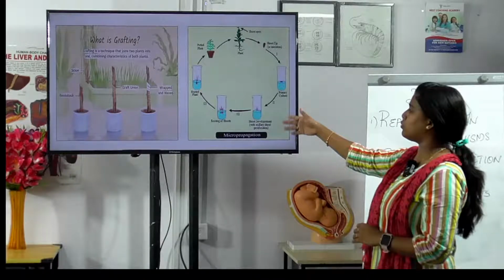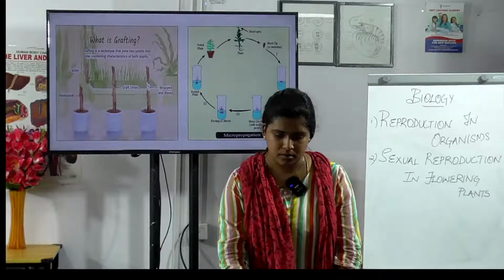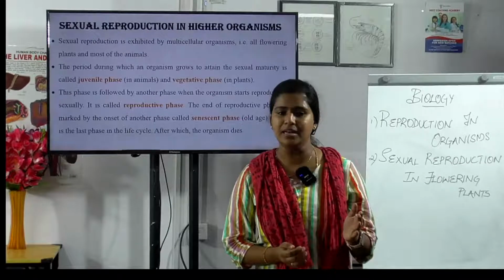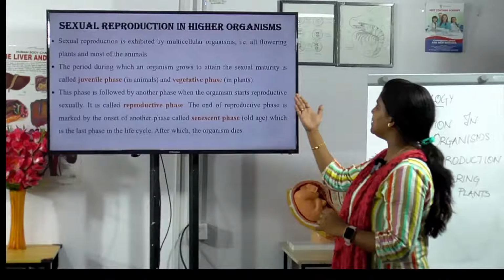Okay. Now, next we will see sexual reproduction in higher organisms. The mode of reproduction which involves the formation of male and female gametes leads to sexual reproduction, and this is exhibited only in multicellular organisms, all the flowering plants and most of the animals. The period during which the organisms grow to attain sexual maturity is called the juvenile phase in animals, whereas in plants it is called the vegetative phase.